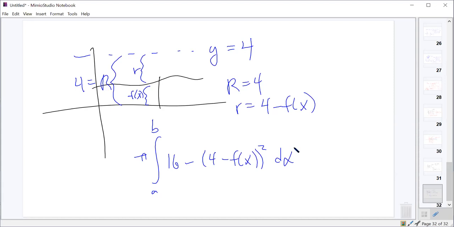Wonderful. Anybody, any questions? So on population density problems, the population density would be dx, and then you just put whatever shape they give you onto a graph and then find the area.